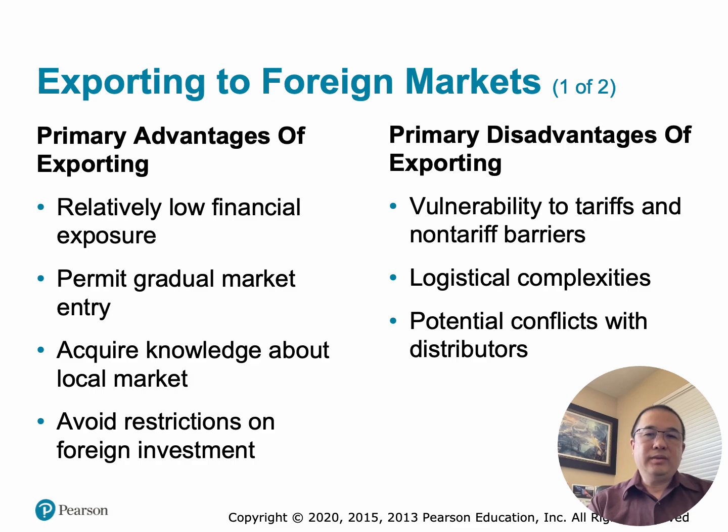Number 1, relatively low financial exposure. Exporting requires less investment than opening a foreign subsidiary or factory. The company does not need to build facilities overseas, hire large local workforces, or purchase foreign assets. The benefit is lower risk and lower startup costs.